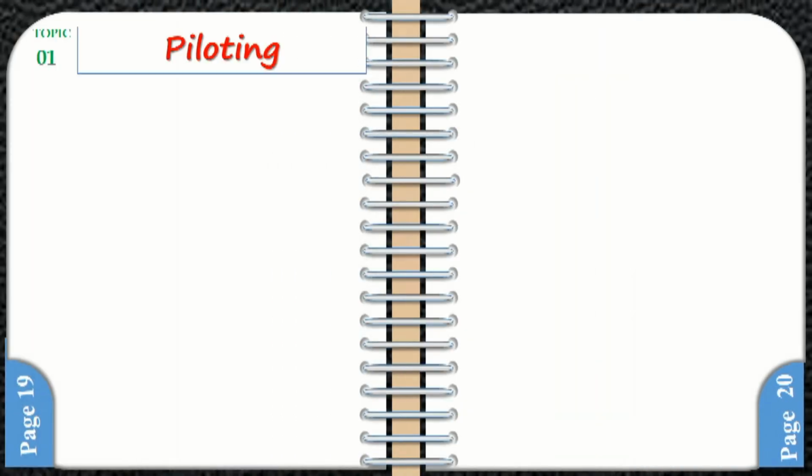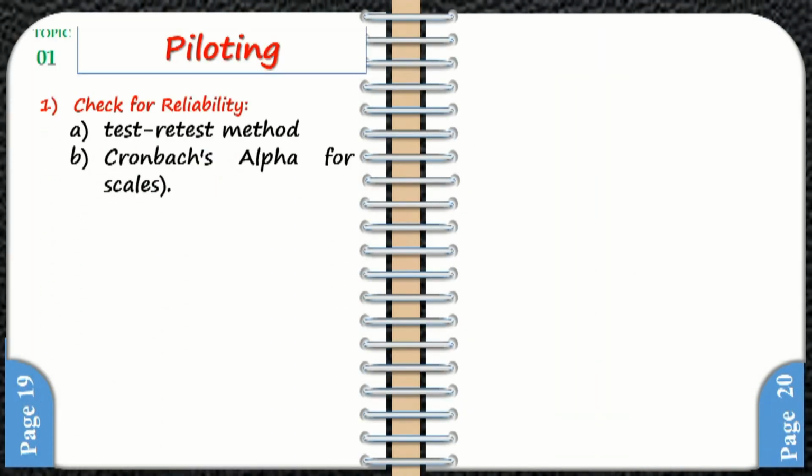This is usually carried out with a small, similar sample, and will allow the researcher to check the reliability, the consistency and the stability of the instrument one is using.